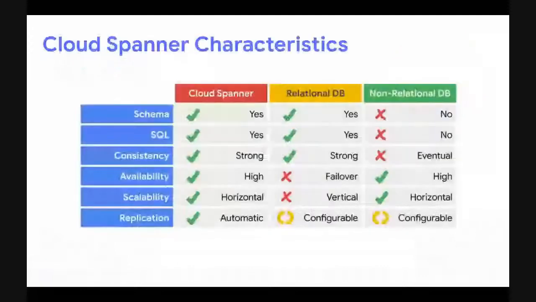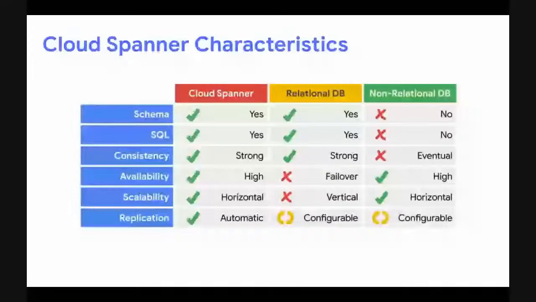Now, let's compare Cloud Spanner with both relational and non-relational databases. Like a relational database, Cloud Spanner has schema, SQL, and strong consistency. Also, like a non-relational database, Cloud Spanner offers high availability, horizontal scalability, and configurable replication.